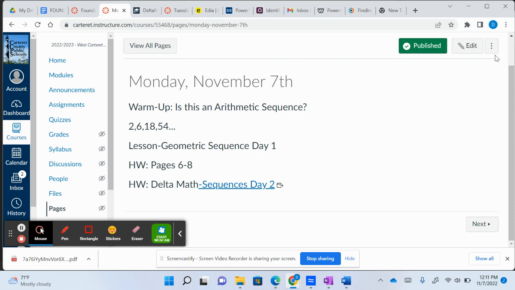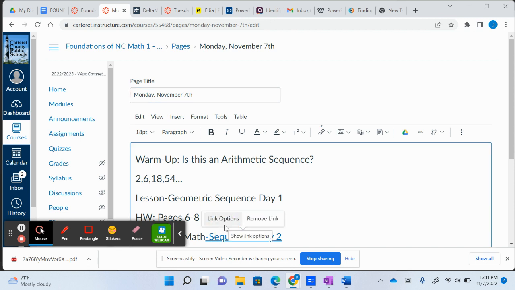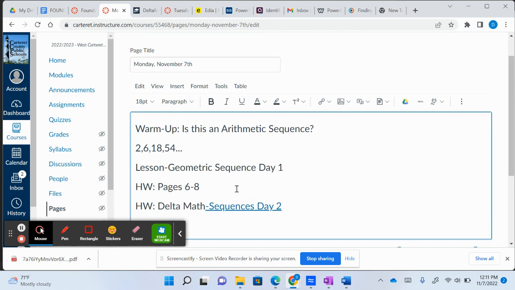So you're skipping 13 and 14, and you get to choose one from 15 through 18 to complete.